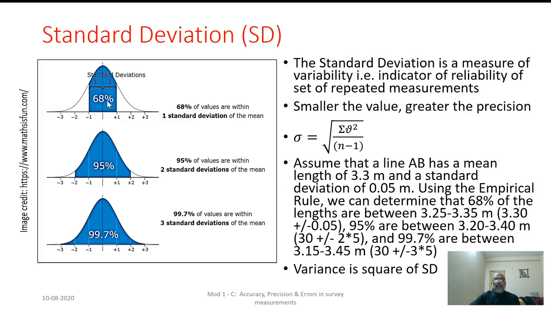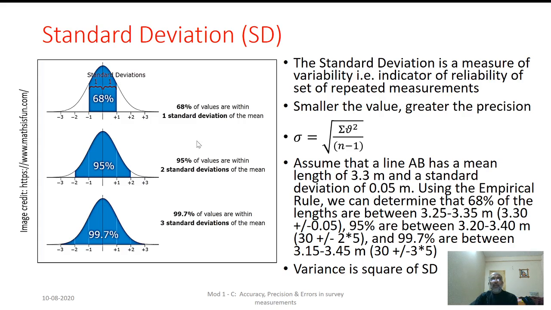Here, the 68% value, 95% value, and 99.7% value are related with specific cases of 1 standard deviation, 2 standard deviations and 3 standard deviations respectively. Let's assume that a certain line AB has a mean length of 3.3 meters and the standard deviation as determined by this expression is 0.05 meters.